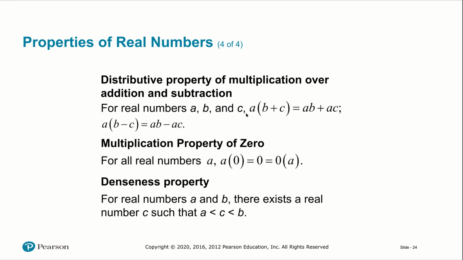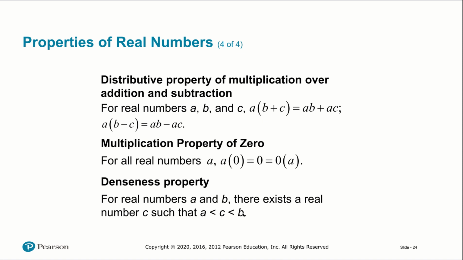We also have the distributive properties, which we have seen before for both addition and subtraction, and they also work for real numbers as well. And the multiplication property of 0: any number times 0 gives 0. And the denseness property: for real numbers a and b, there exists a real number c such that c is between a and b.